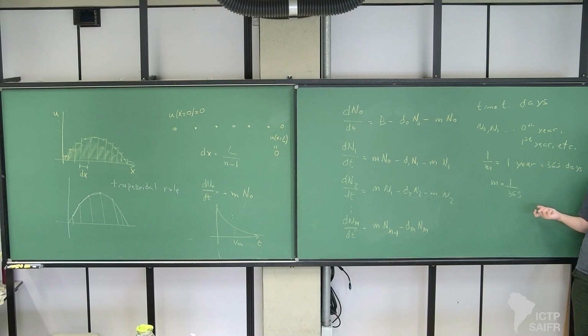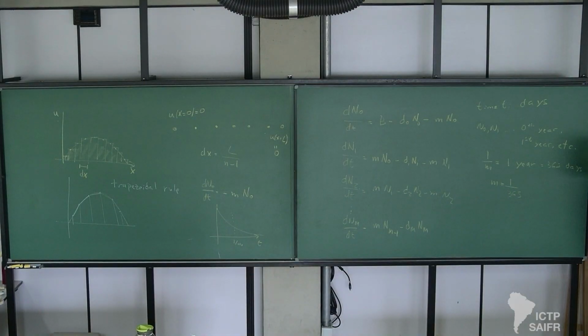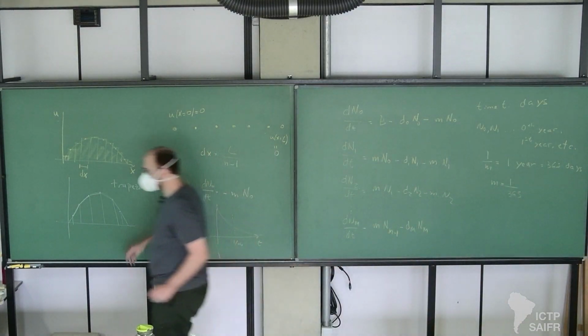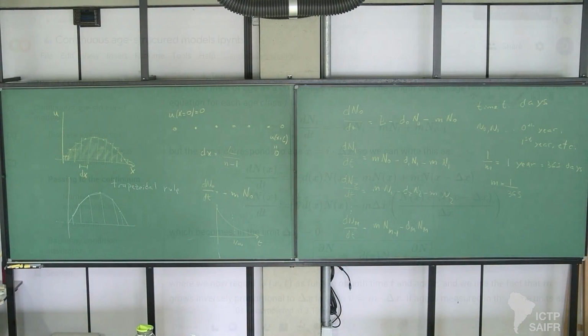So you see, this m is inversely proportional to the length of the age class. So m times delta x is actually going to be a constant, okay? And so with this, let me go back to the equations here.